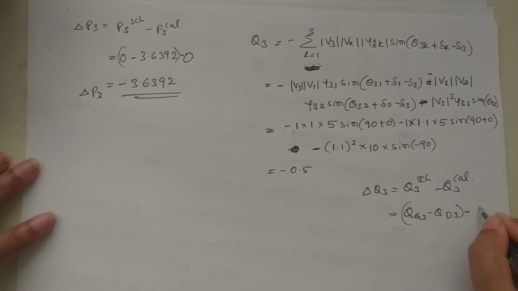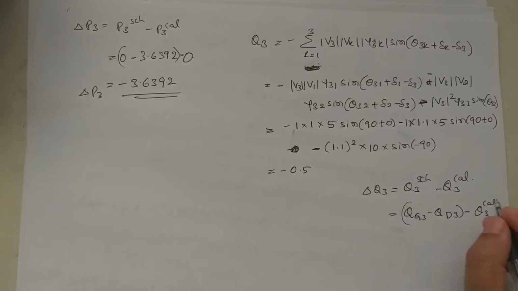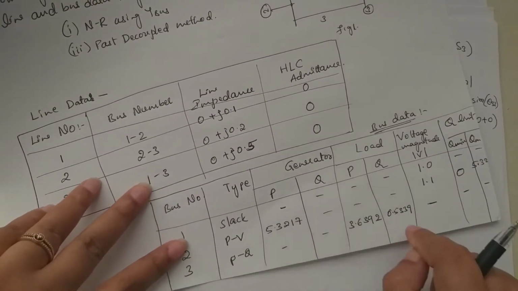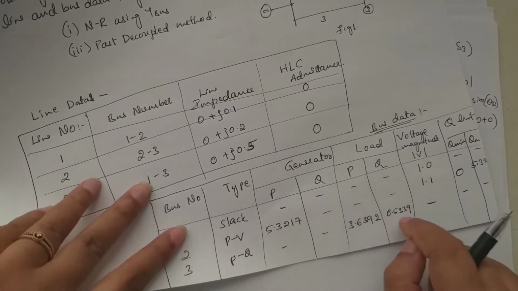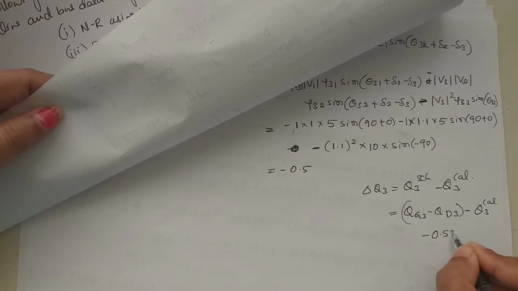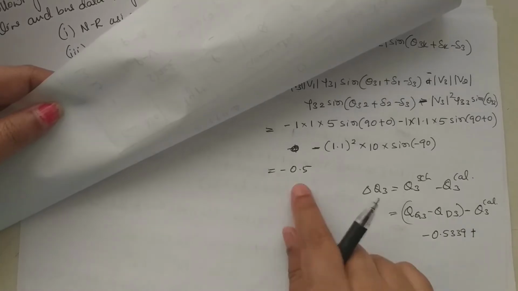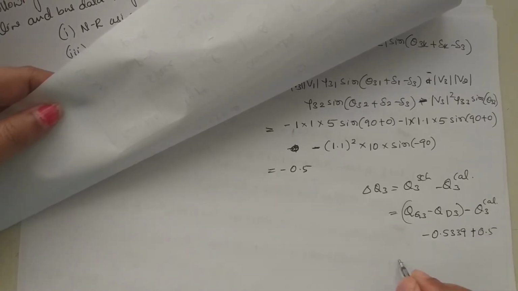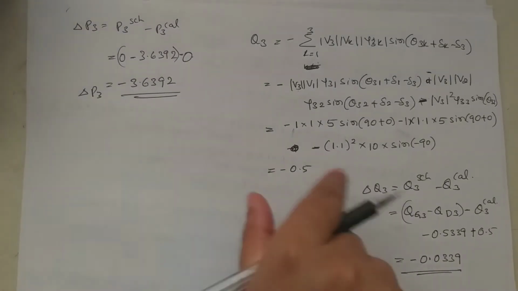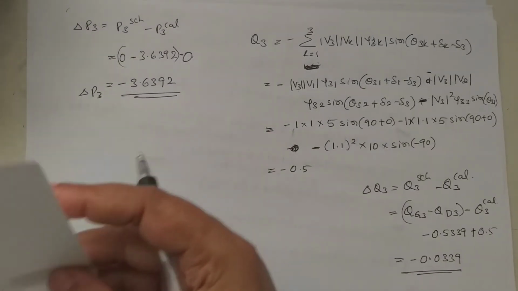QG3, the reactive power at the generation side, is not given, but the reactive power at the load side is given as 0.5339. So it is minus 0.5339 minus of minus 0.5, so it becomes plus 0.5. The answer is minus 0.0339. So delta P2, delta P3 and delta Q3 are calculated.